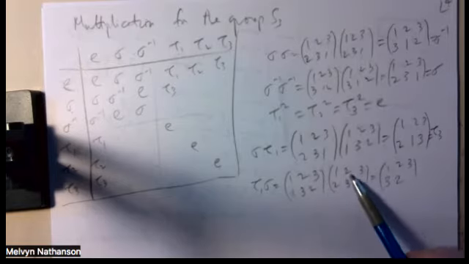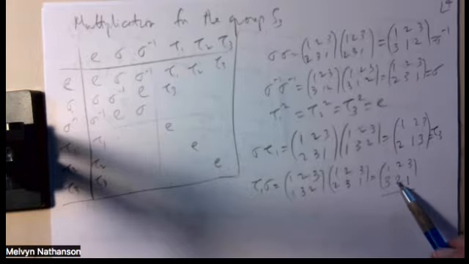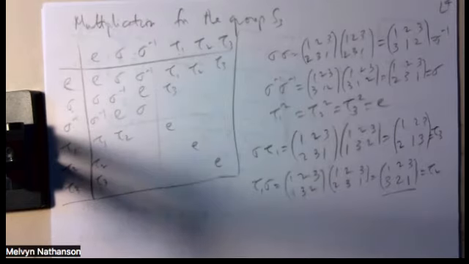This is composition of functions. 1 goes to 2, 2 goes to 3. 2 goes to 3, 3 goes back to 2. 3 goes to 1, 1 goes to 1, so 3 goes to 1. So if I look at tau 1 sigma, I get this permutation. 2 goes to 2, that's fixed, but 1 and 3 are interchanged. So this is the transposition tau 2. So tau 1 sigma is tau 2.